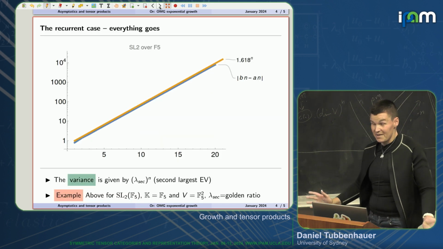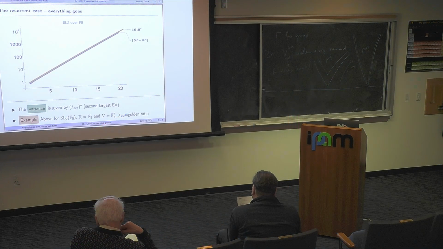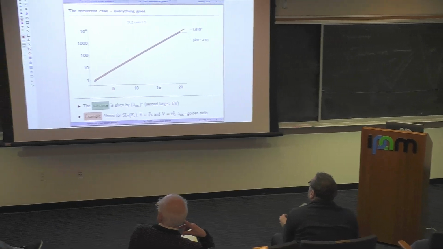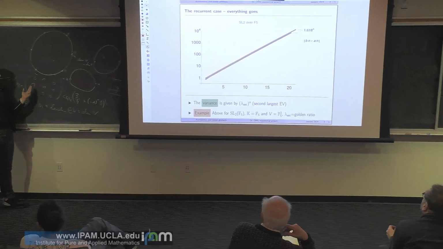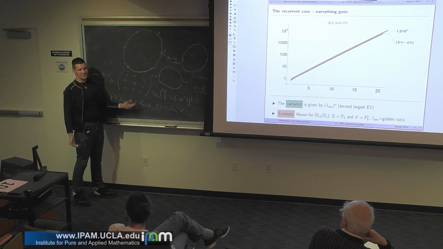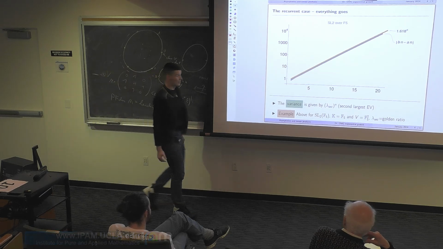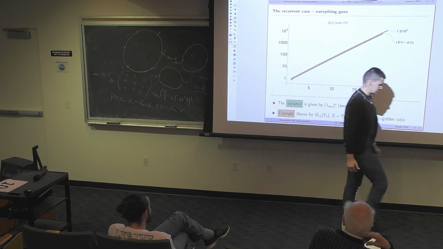Excellent. And now there's question number 3. What about the variance? Well, if you think about the problem, this grows roughly like the leading eigenvalue, and what messes up the growth is the second largest eigenvalue. So the second largest eigenvalue in this case gives you the variance of the problem.